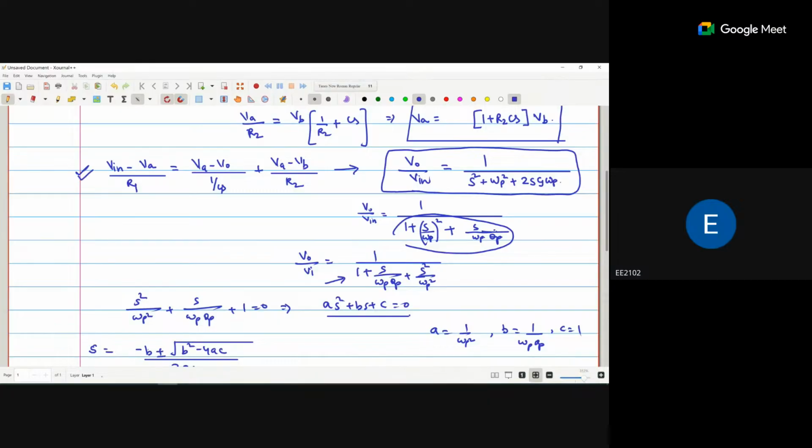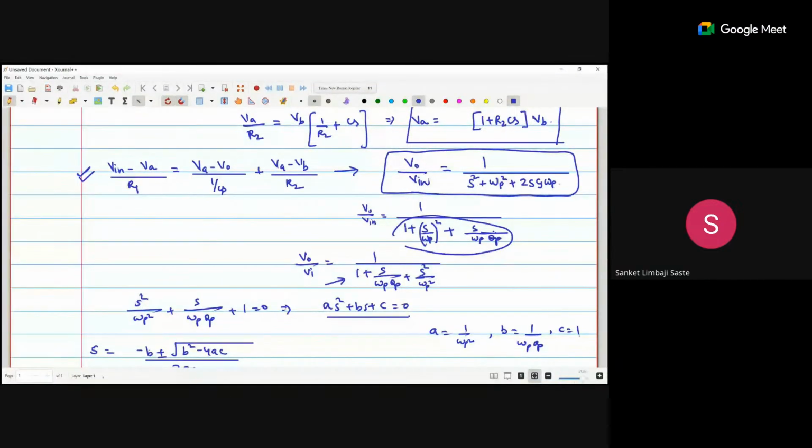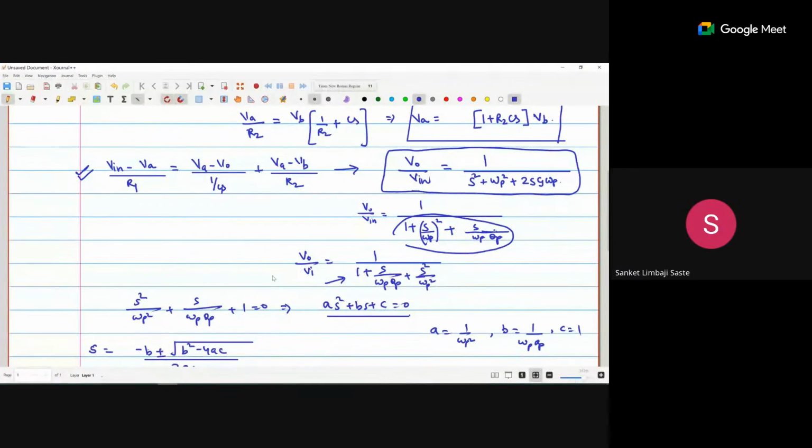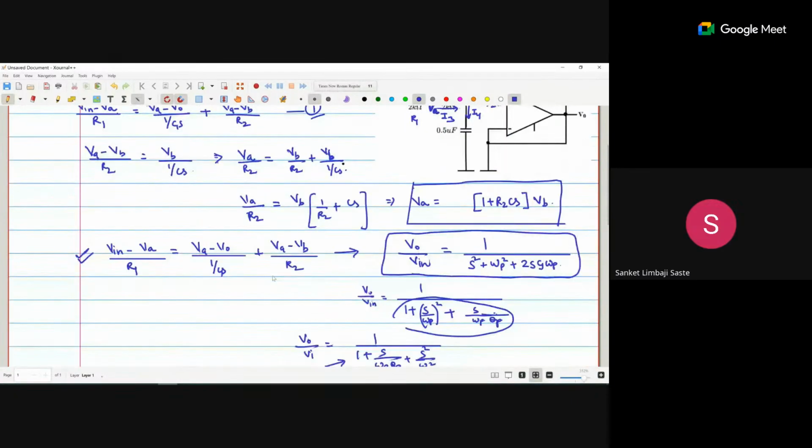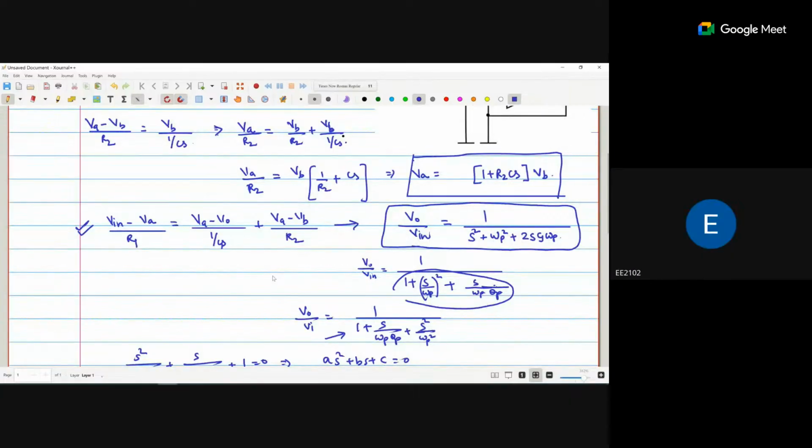Yes, sir. From this equation, we only find the gain and we put this gain in V out upon V in. Why only gain? Because V out upon V in we will calculate, and this is the gain. From this equation you are getting the omega p also here, no?